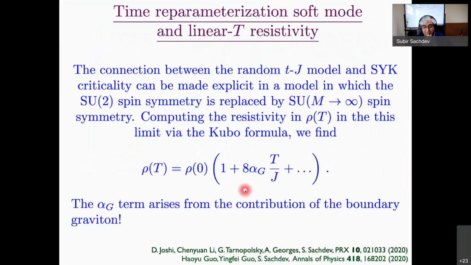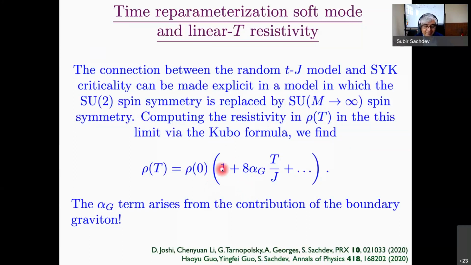That seems to be the crucial ingredient. It's a universal ingredient in all of these SYK-like models. They all have this linear temperature or frequency dependence coming from the boundary graviton. And that is our conjectured explanation for the linear resistivity, at least in this TJ model.